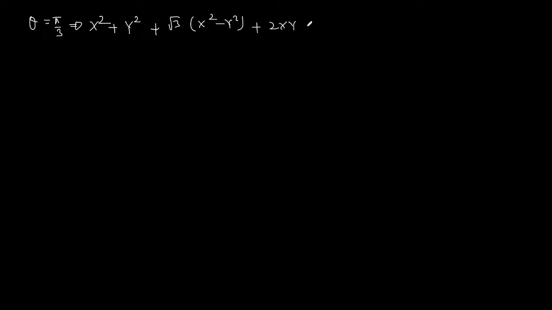So from here we get capital X square 1 plus root 3 plus capital Y square 1 minus root 3 plus 2xy, and we have to compare this with a capital X square plus b capital Y square.